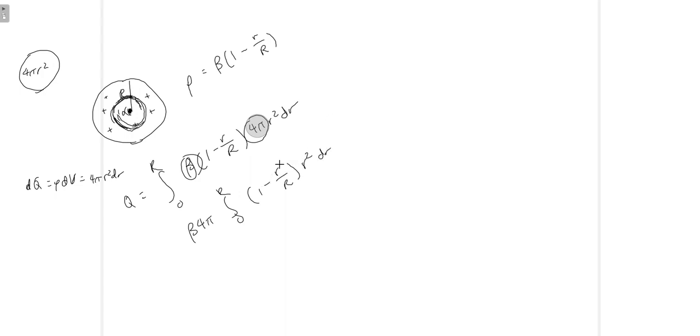And then, I'm not sure if this is technically the best way, this is what I can remember, I'm just going to distribute this r squared into this. That'll give me r squared minus r cubed over R. And then I'm just going to split this into two integrals.